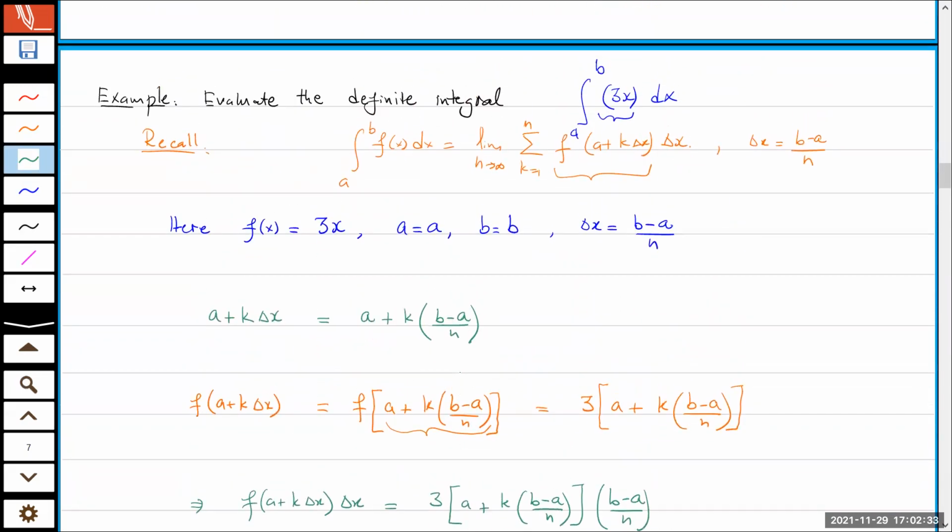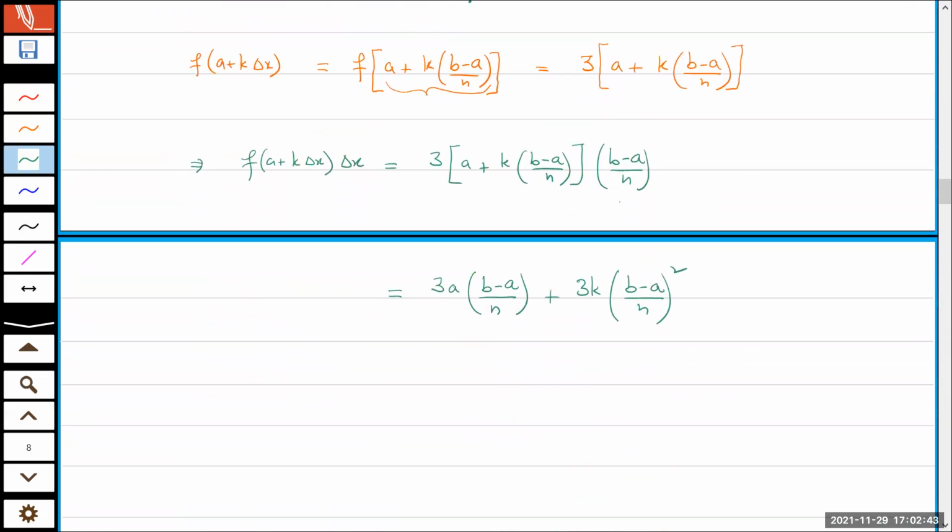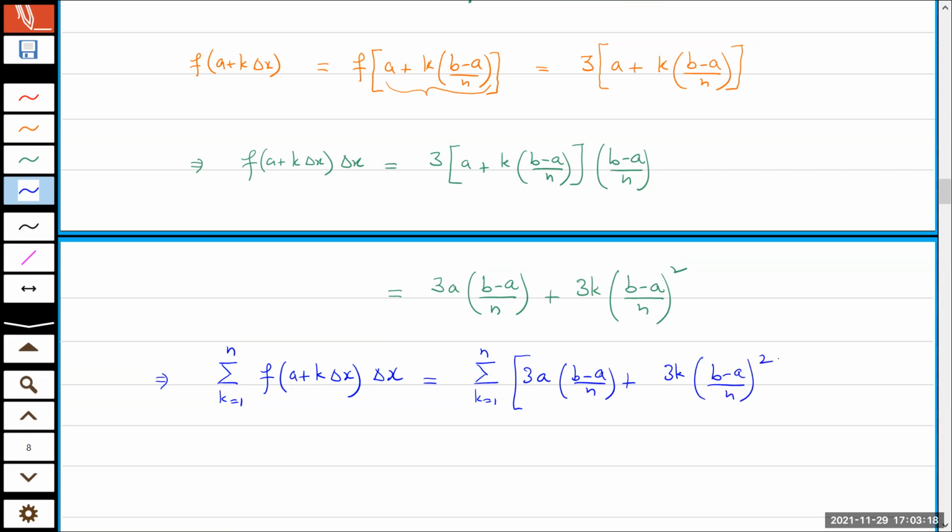Okay. Now we have all this stuff from here up to delta x. We apply the summation now. This implies the summation from k equals 1 to n of f of a plus k delta x times delta x equals the summation from k equals 1 to n of 3a times b minus a over n plus 3k times b minus a over n, whole squared.